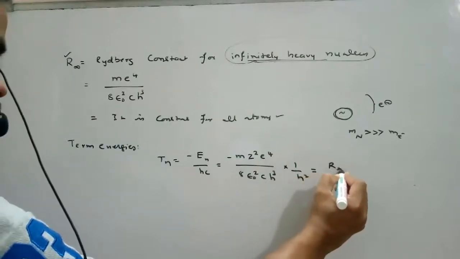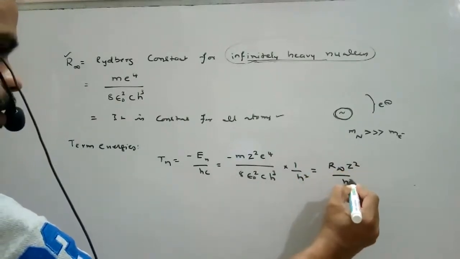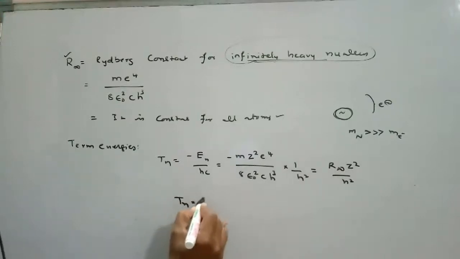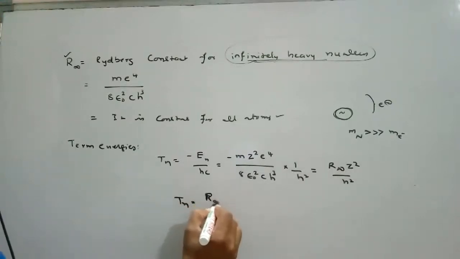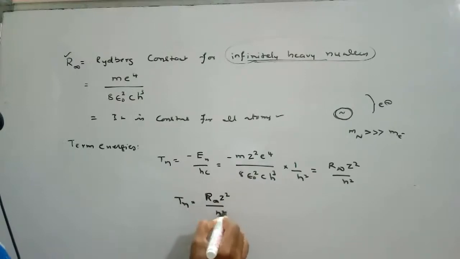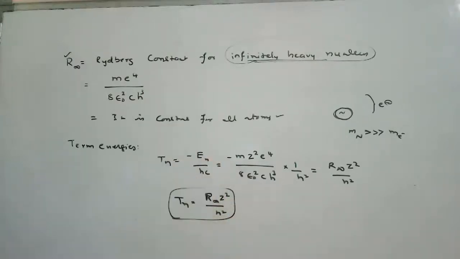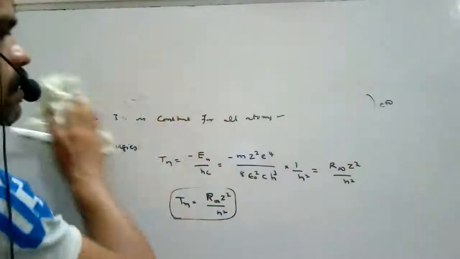Here it is R infinite Z square by n square. So these are the term energies. According to the Bohr model, we will get some series, and we will discuss those concepts here.